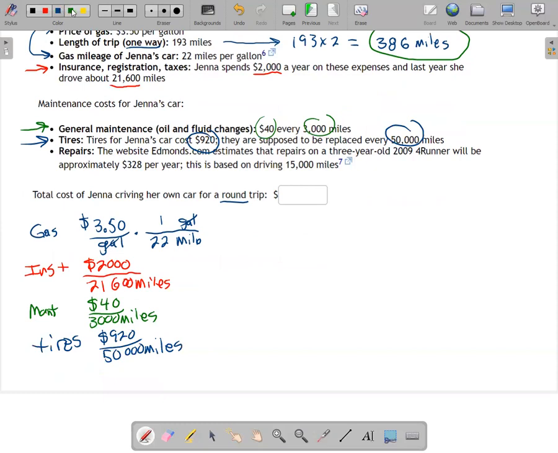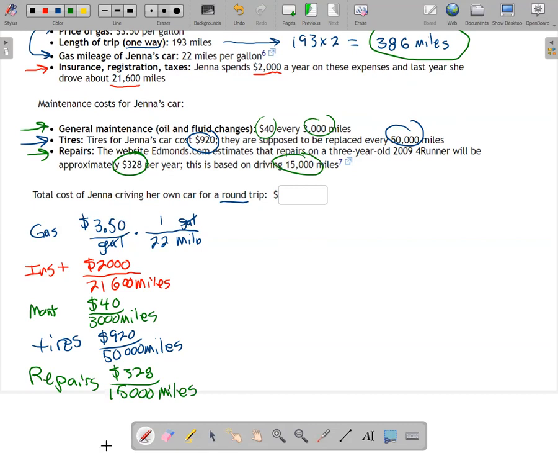Sorry, I'm cutting off the top. And then last, repairs. That one says about 328 per year if you drive 15,000 miles per year. So we're going to call that one 328 over 15,000 miles. So those are all the costs per mile.